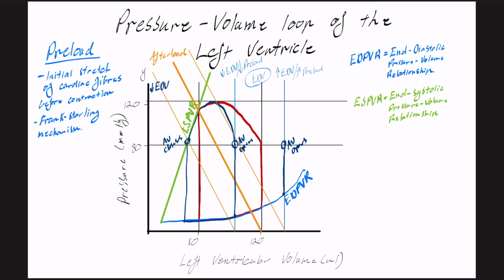There's quite a large volume being ejected, so our systolic blood pressure is probably higher, and it goes above our systolic blood pressure line, which is 120. At the point where afterload crosses our end systolic pressure-volume relationship line, the aortic valve closes, and this is isovolumetric relaxation as pressure drops back down. At the point where it hits the end diastolic pressure-volume relationship, the mitral valve opens and ventricular filling occurs.